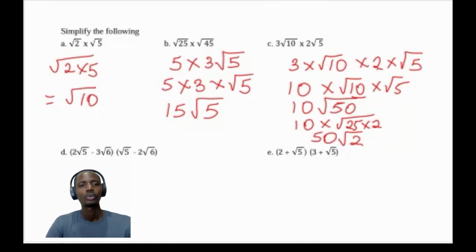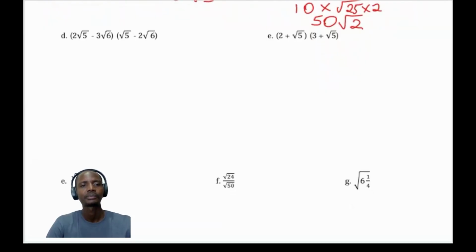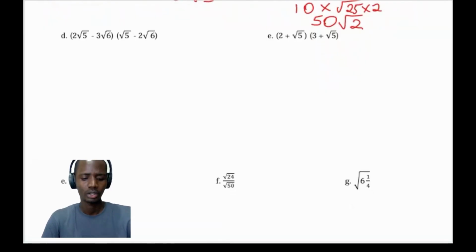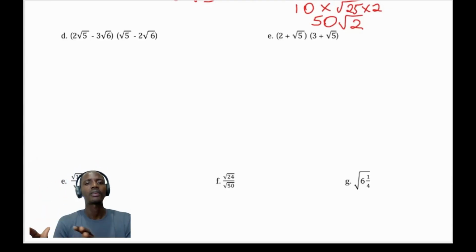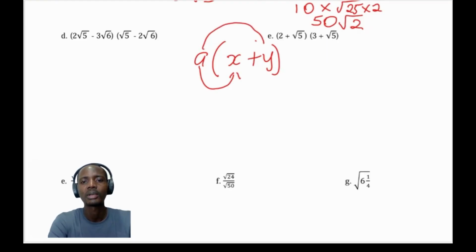Okay. So with that, let's see if we need to multiply surds of this nature. So we have 2 root 5 minus 3 root 6, multiplying root 5 minus 2 root 6. Now, you should remember how we expand the brackets of a into brackets, let's say x plus y. Now, this multiply this, then this multiply this, right?